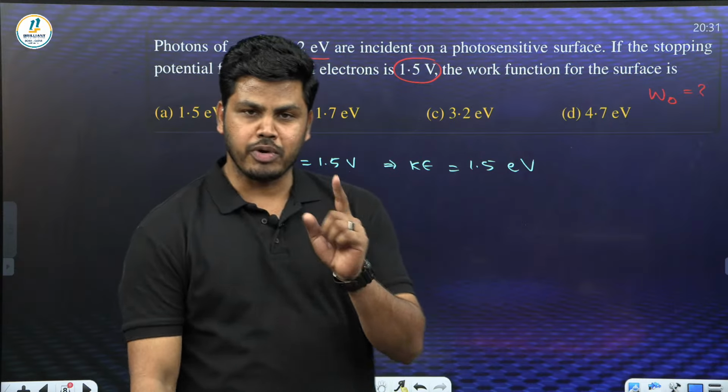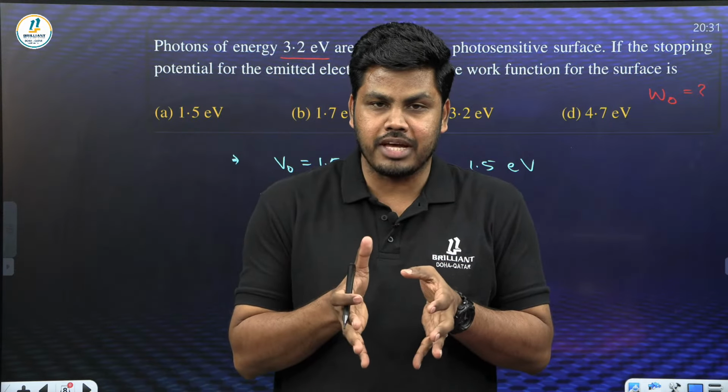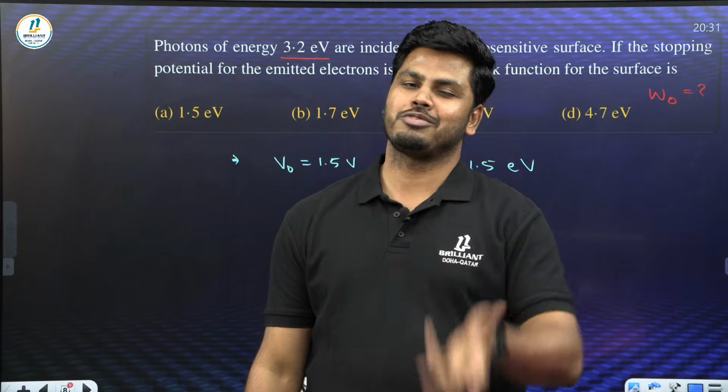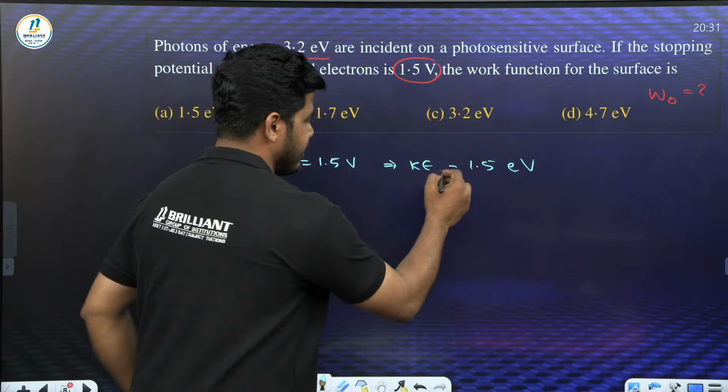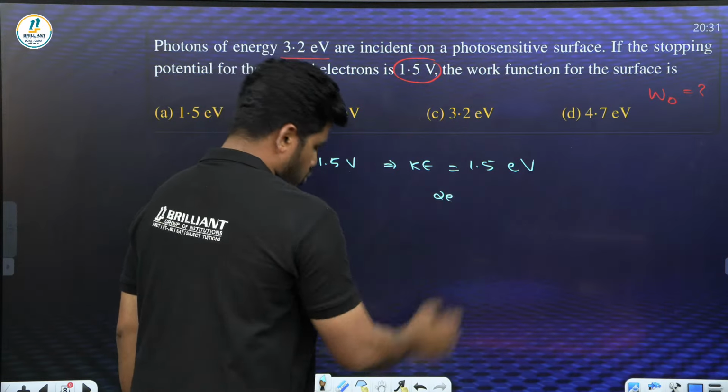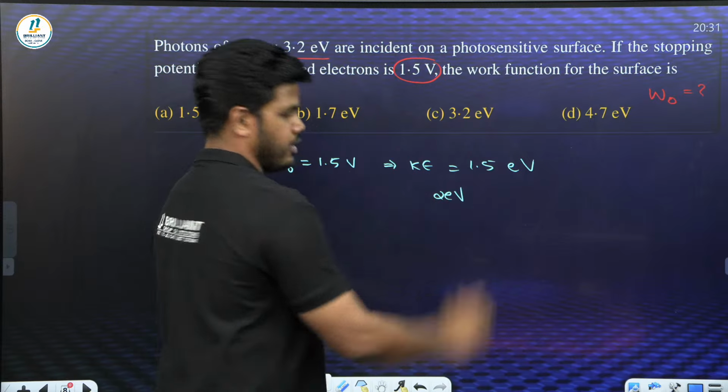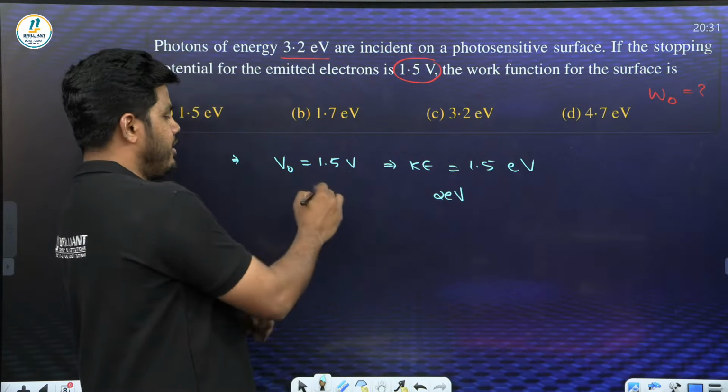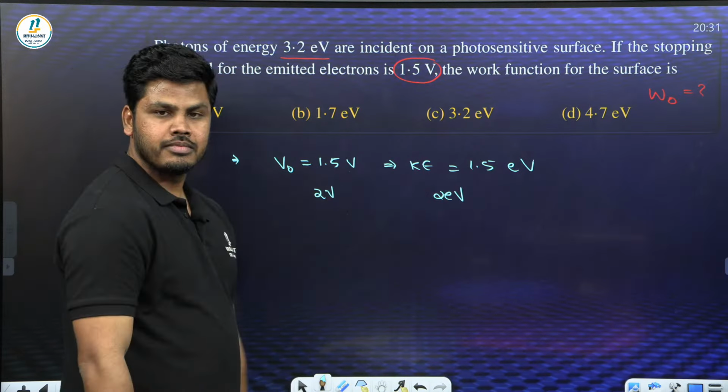If kinetic energy is given as 2 electron volt, for example, its stopping potential will be just 2 volt.